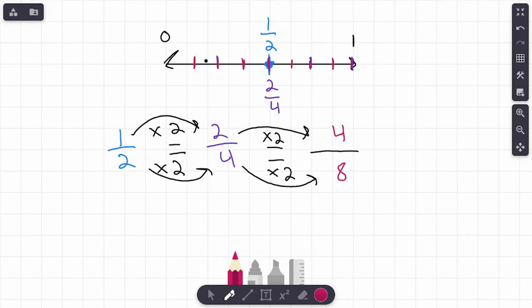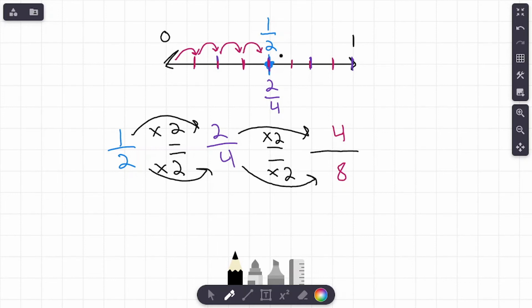Our numerator is 4, so we're going to count by 4s. So here's 1, 2, 3. Well, I made a mistake. Back it up. There we go. So 1, 2, 3, 4.